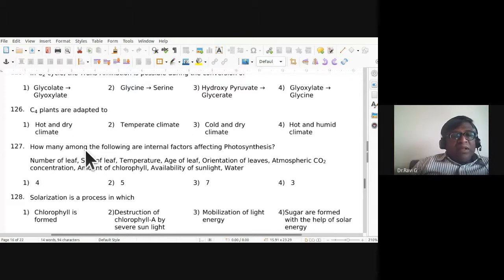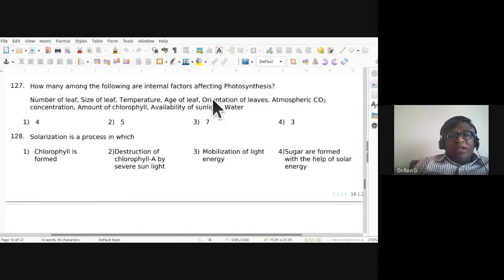How many among the following are internal factors which affect photosynthesis? You should count them. Number of leaves, size of leaf; temperature doesn't come as an internal factor.